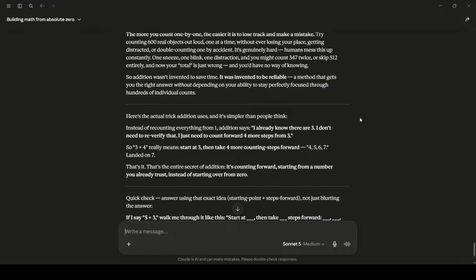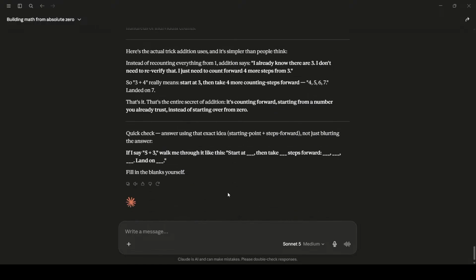I don't need to verify that. I just need to count forward 4 more steps from here. So 3 plus 4 means start at 3, then take 4 more counting steps forward: 4, 5, 6, 7, landed on 7. That's it. That's the entire secret of addition. It's counting forward, starting from numbers you already trust, instead of starting from 0.